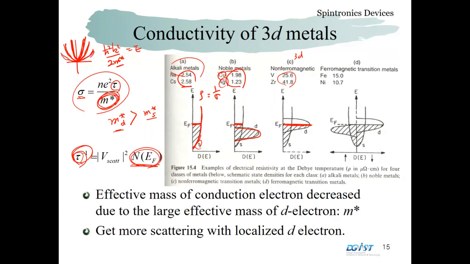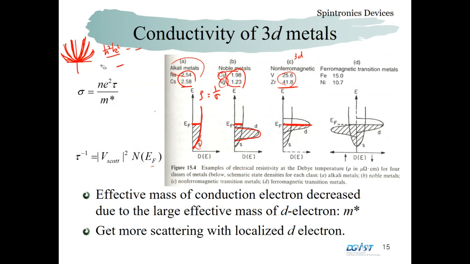And if we have such a heavy band, this is a kind of d band. So in a 3D transition metal, we have a small tau and large m. So generally, the conductivity is getting smaller. That's the general behavior of the conductivity of the 3D metals.